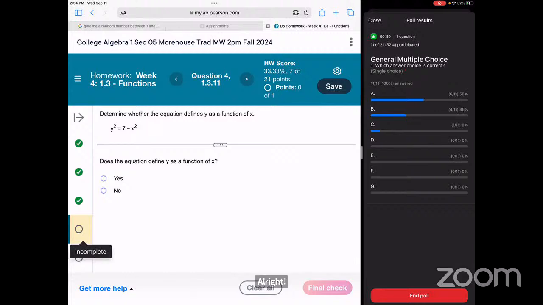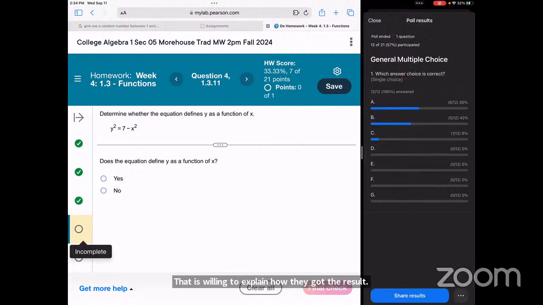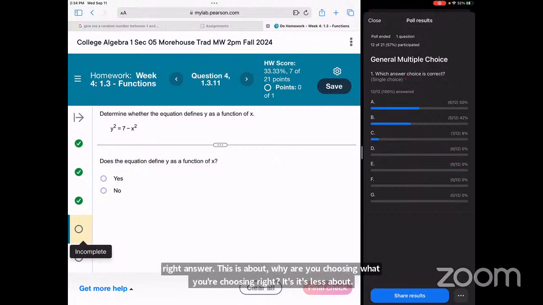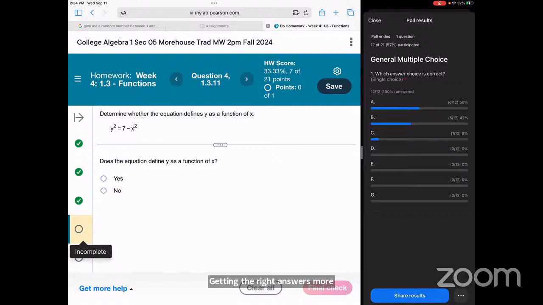Is there a brave soul who is willing to explain how they got their result? Anybody can choose a multiple choice answer, but this isn't really about choosing the right answer. It's about why you are choosing what you're choosing. It's more about why that is the right answer. So this one: does this equation define y as a function of x?